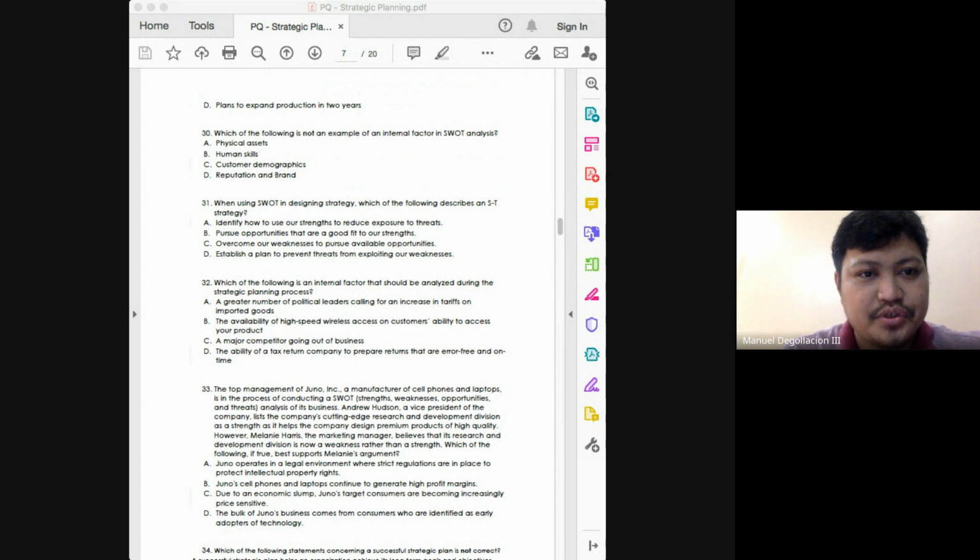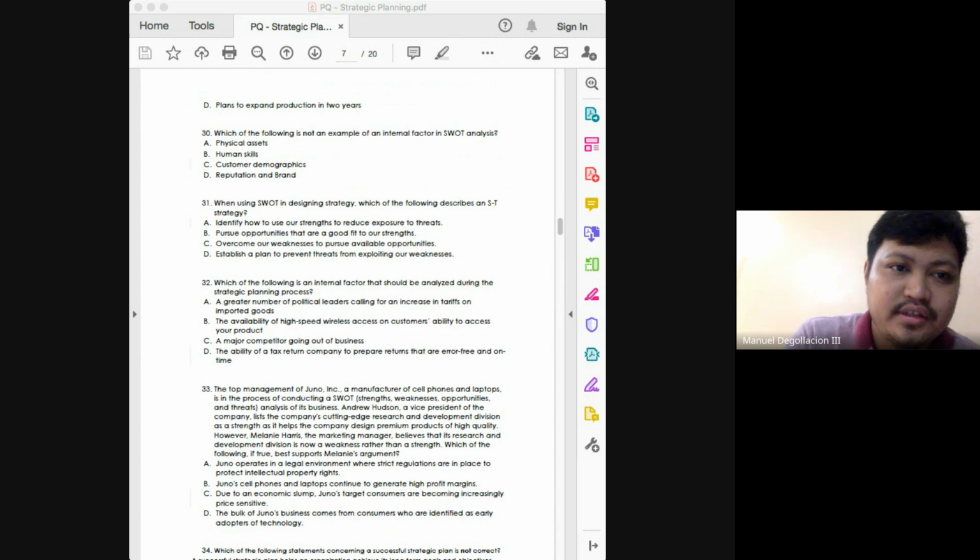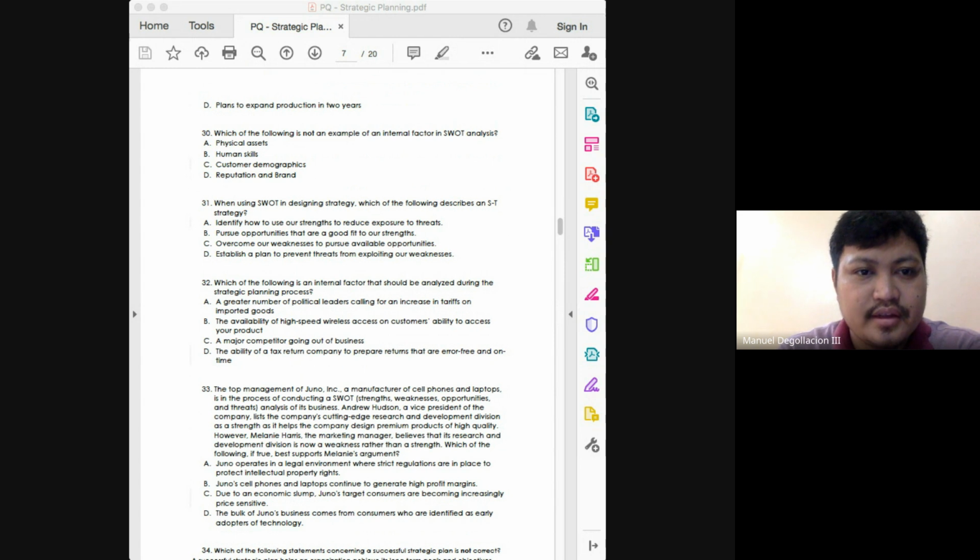Letter B, pursue opportunities that are a good fit to our strengths. So that's an SO strategy. Overcome our weaknesses to pursue available opportunities. So you minimize your weaknesses to maximize your opportunities. That's a WO strategy. Establish a plan to prevent threats from exploiting your weaknesses.